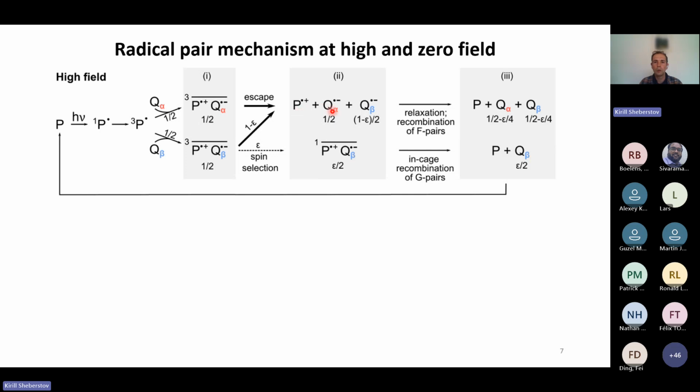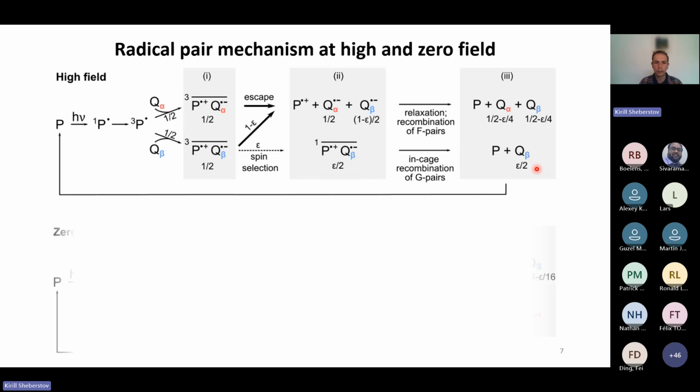The escape products are also enriched, in this case with the alpha state, but due to very fast relaxation induced by paramagnetic species, the unpaired electron, these nuclear spin states will relax very quickly to the Boltzmann 50-50% distribution. The process is cyclic, so that upon repeated continuous illumination of the sample, one can build up the quencher in the beta state. All right, so this was the radical pair mechanism at high field.